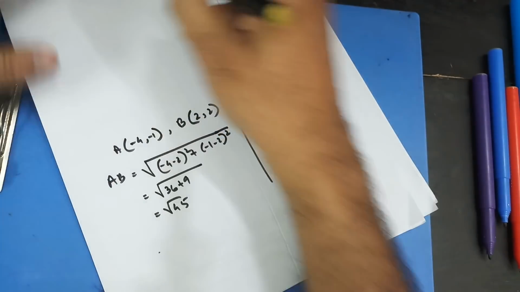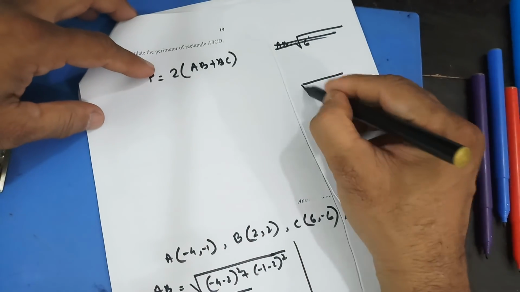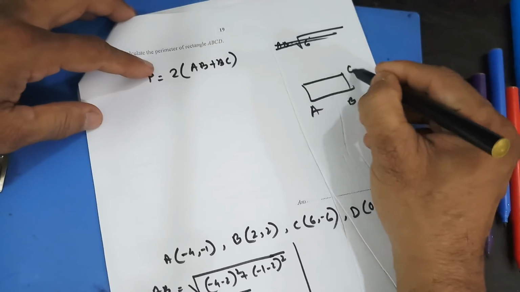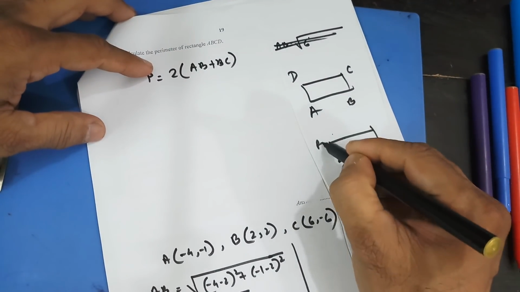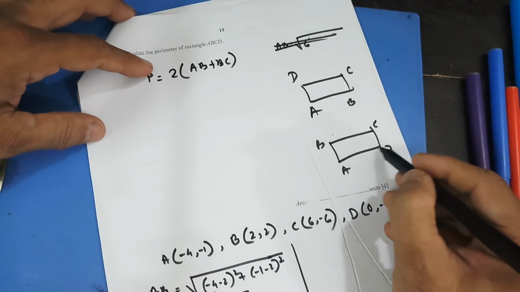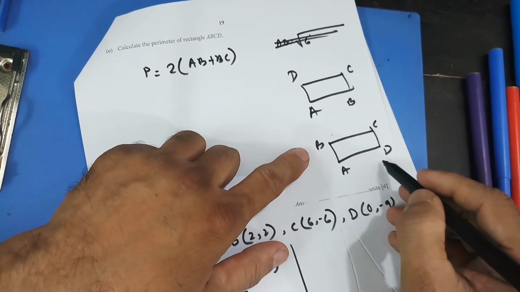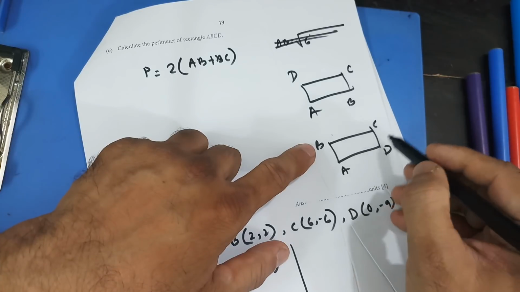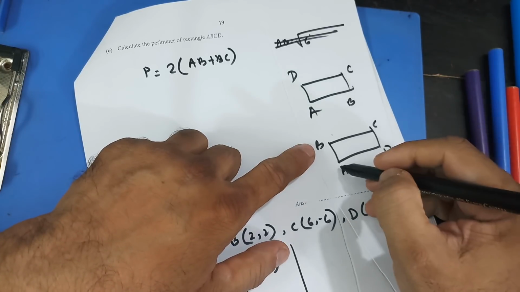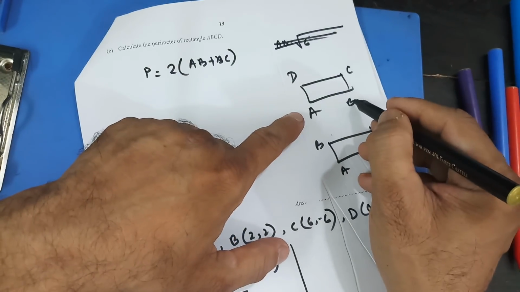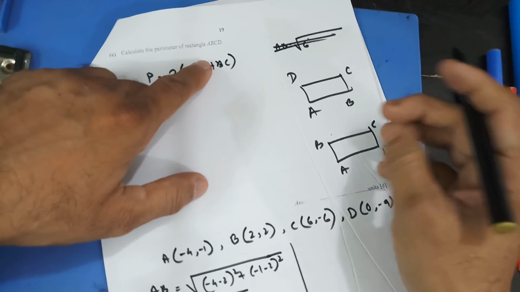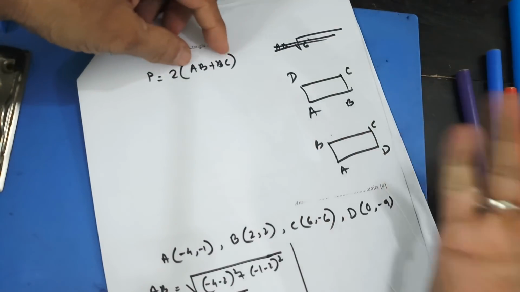And for BC, see that if we go like this, A, B, C, D, doesn't matter. These two, AD and BC, are equal, or AB and DC equal. So AB and BC in this case, it's same thing.